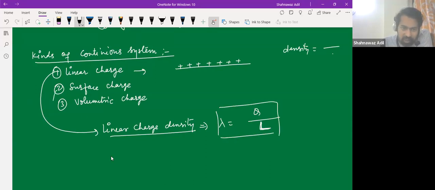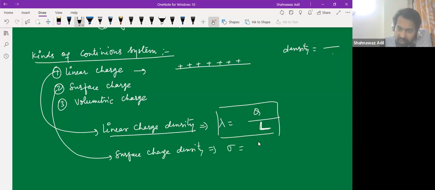And if we want to calculate surface charge density, that is represented by sigma. This is charge density, so this would be Q. And what would be in the denominator, guys? This is surface, so area would be there.